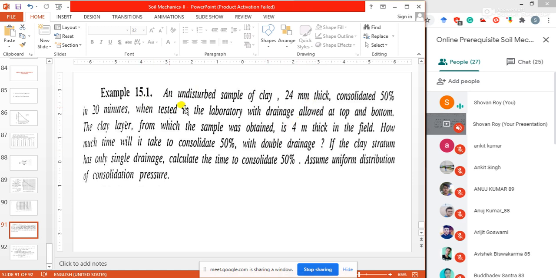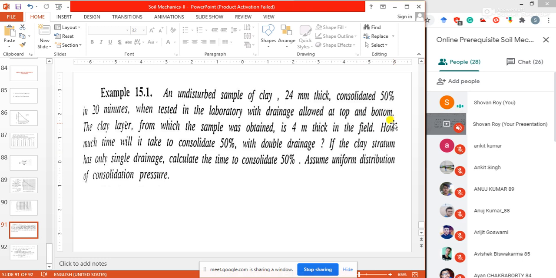So the laboratory value is available for the same soil from where we have taken the sample. Now we have to calculate the actual value in the field from this reading. This is the actual question. And another question is, if the clay stratum has only single drainage, single drainage means drainage is allowed at top or at bottom, not from both sides.